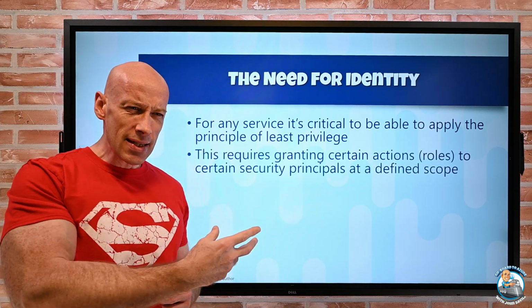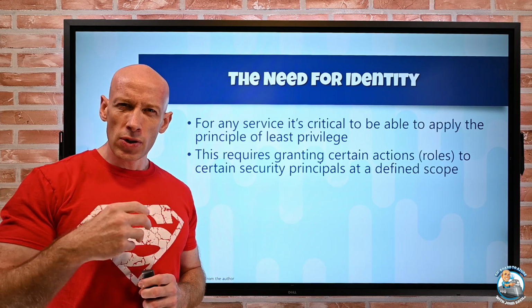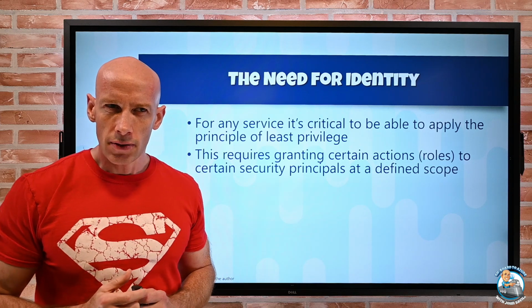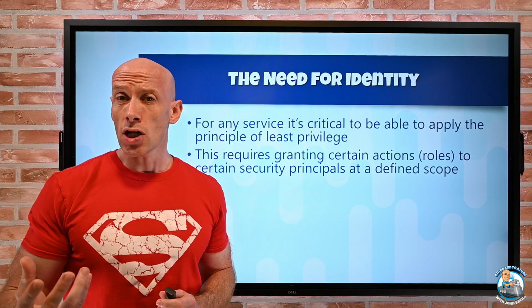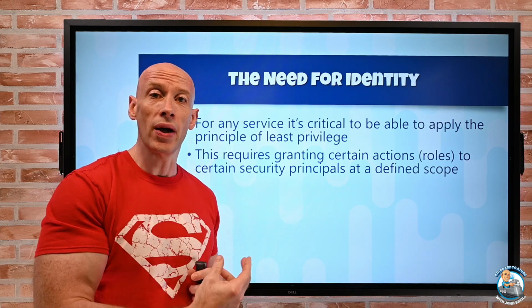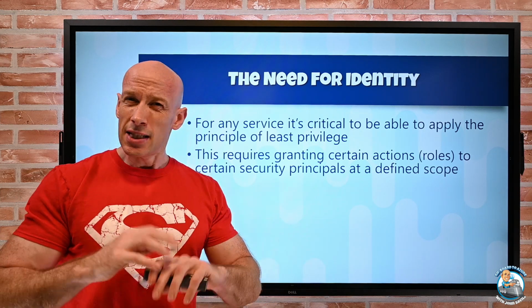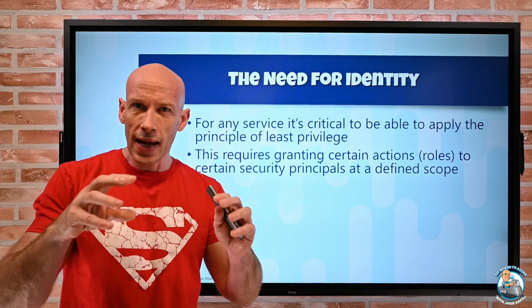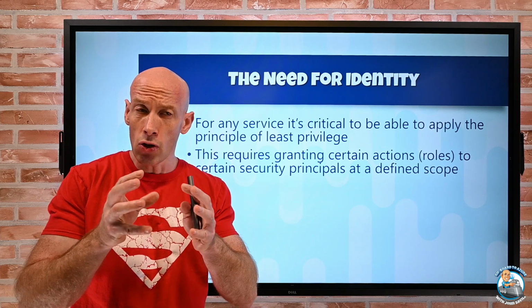Now, that means I'm going to give those identities a certain set of actions, and in Azure Active Directory, we group actions into roles, and then we grant that role to an identity. Typically, at the entire scope for Azure AD, although we can apply it to a smaller scope.